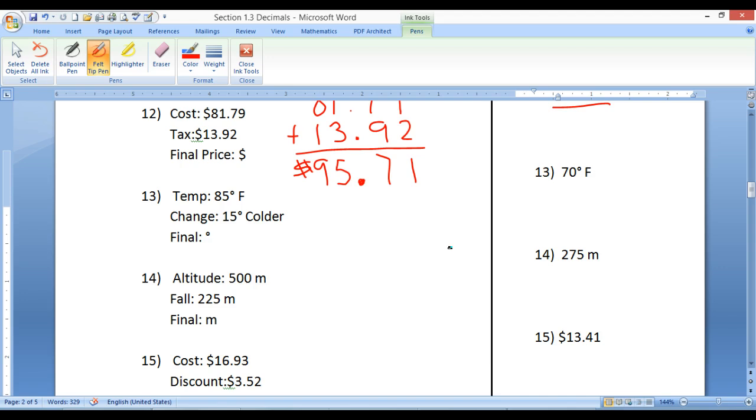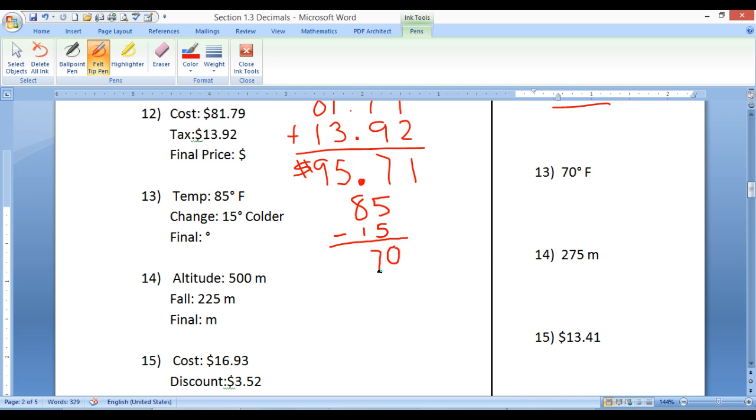Okay, let's move to the next one. Here I have a temperature of 85 degrees Fahrenheit. The change is 15 degrees cooler or colder. What will the final temperature be? Colder means that I'm going to be subtracting a temperature, so I'm going to subtract 15 degrees. 5 minus 5 is 0. 8 minus 1 is 7.